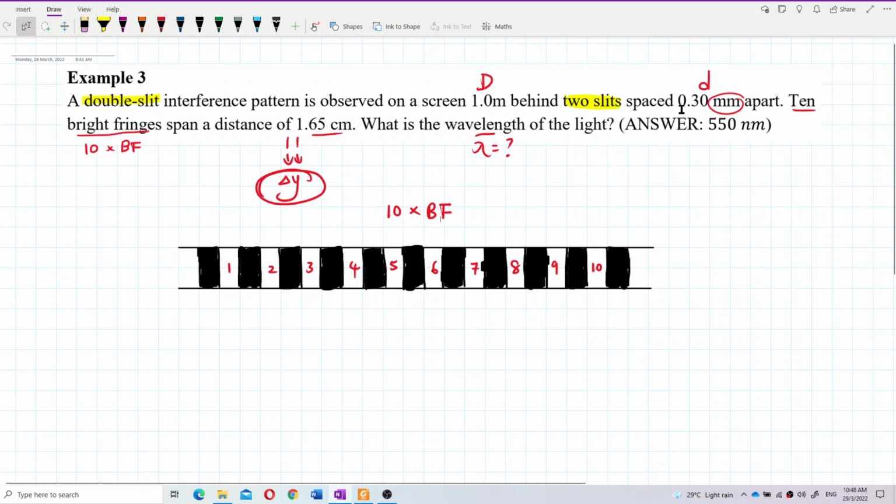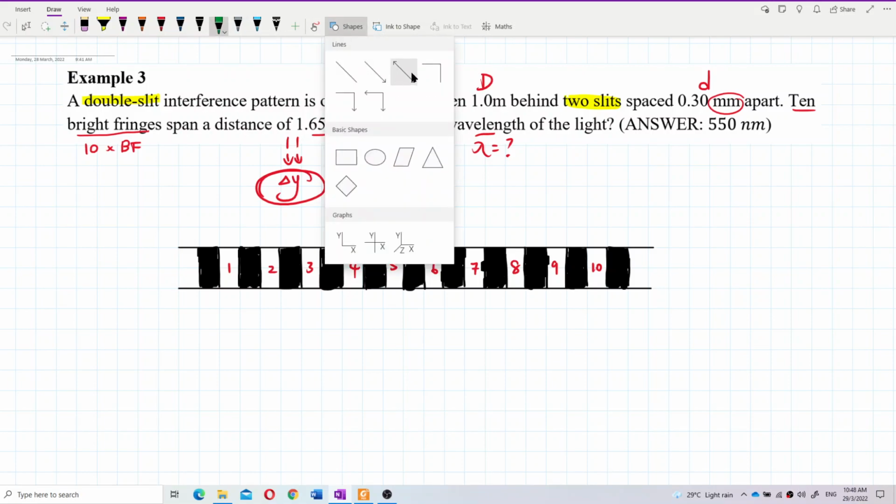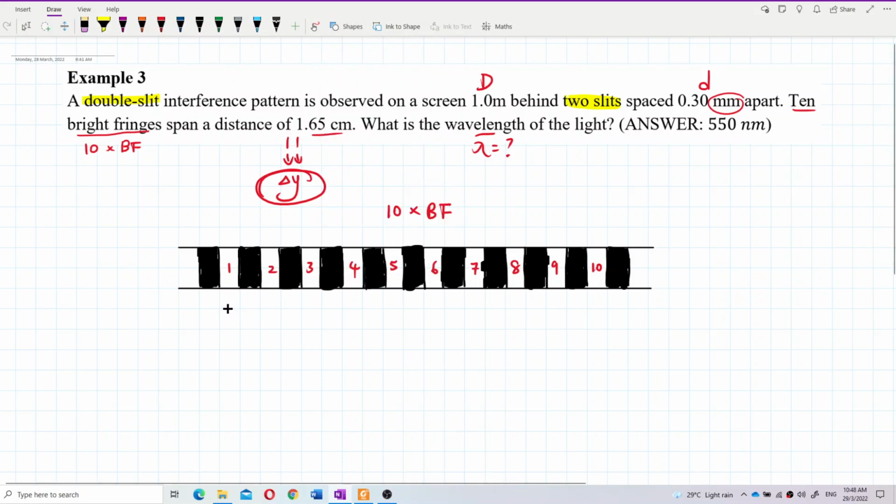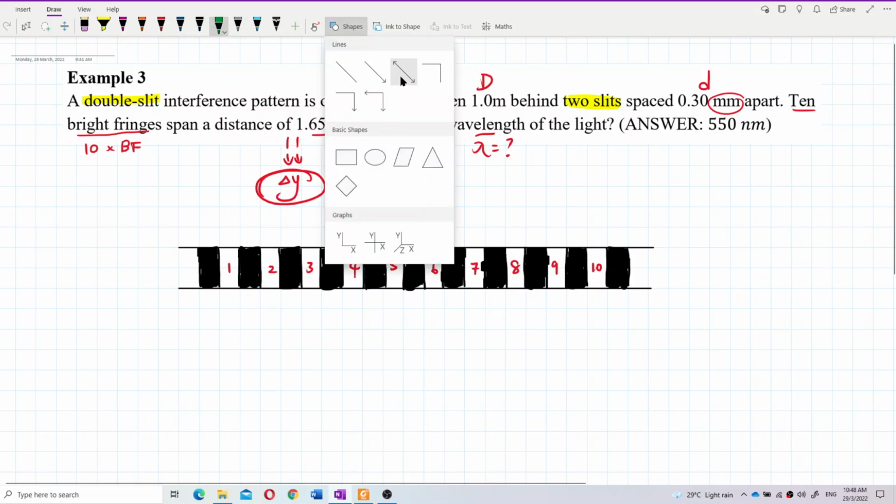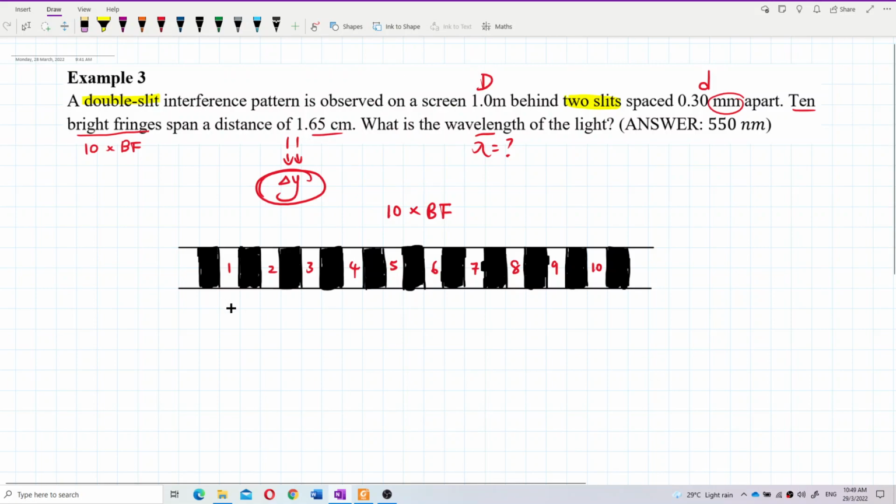So he says these 10 bright fringes span a distance of 1.65 centimeter. That means the 10 bright fringes span a distance from here until here.